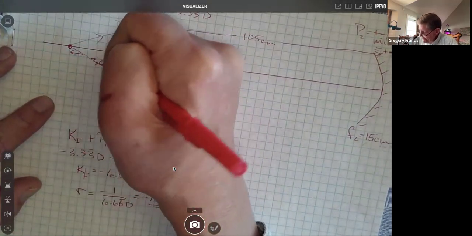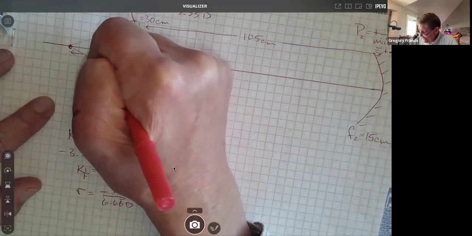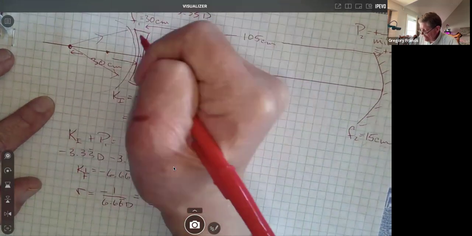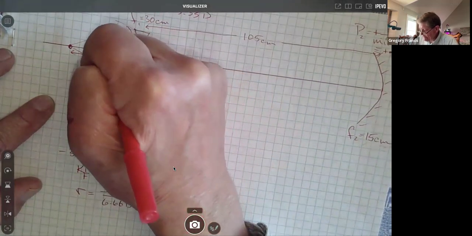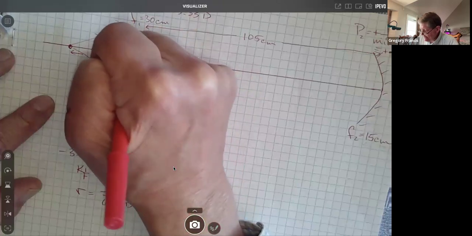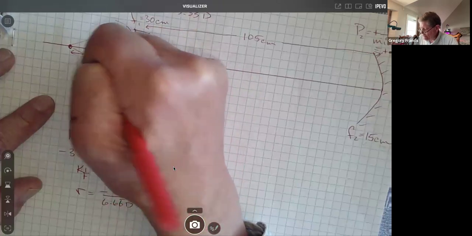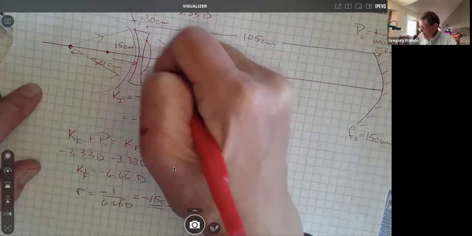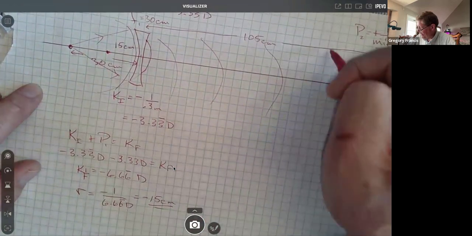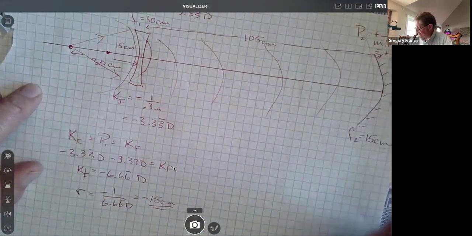So it's going to appear to come from a point right there. 1, 2, 3. Yeah, okay. 15 centimeters. Okay. And it's going to spread out until it gets to this mirror.